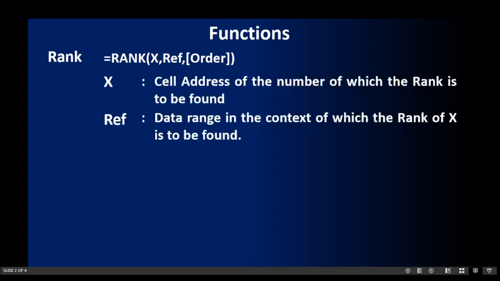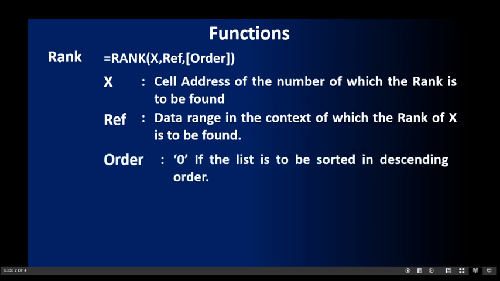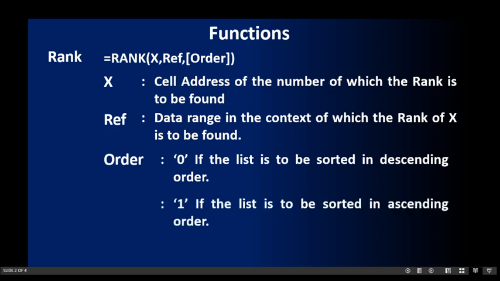Reference means the data range in the context of which the rank of x is to be found. Then order, in order we can write 0 or 1. If we write 0, then this function will give the first rank to the highest score, and if we write 1, then this function will give the first rank to the lowest score of the data.